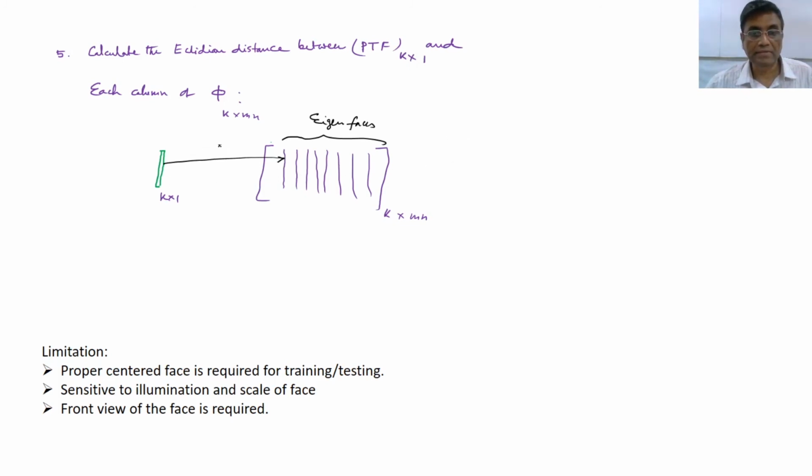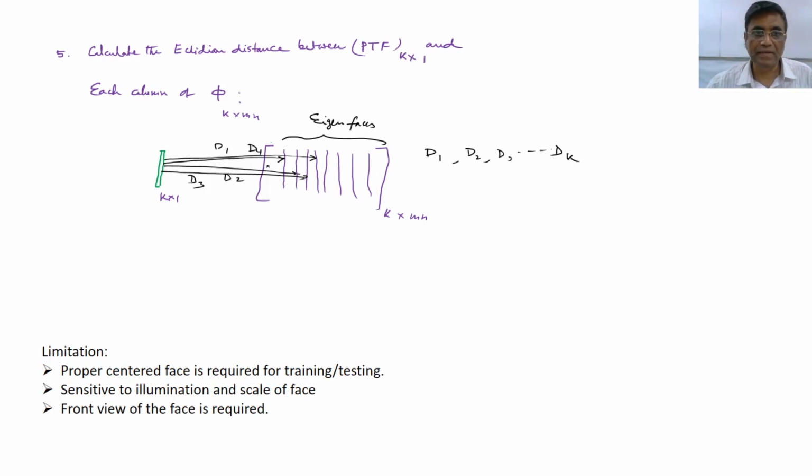Say this is distance 1. Then from this I will calculate distance 2. For this I will calculate distance 3. Whatever distance I am getting, I will keep it, d4 like that. So d1, d2, d3 up to however many there are, k faces are there.